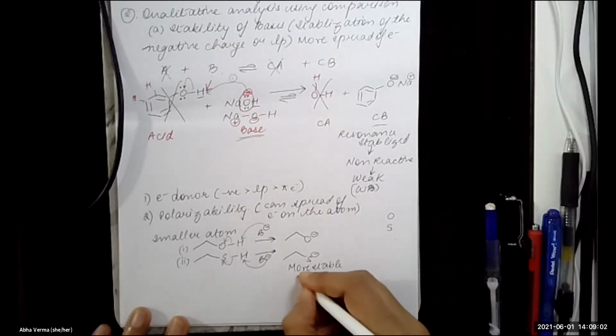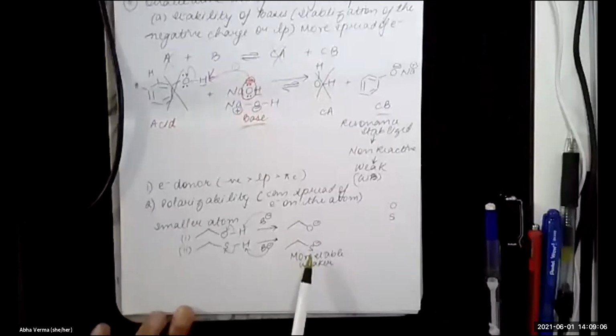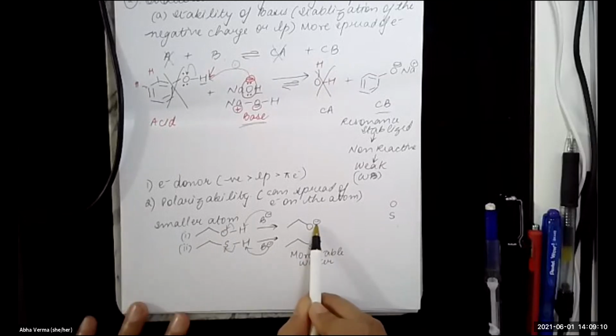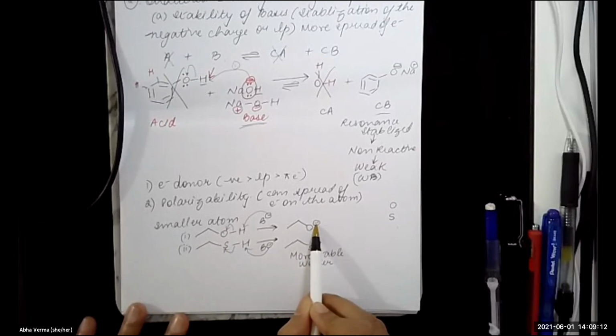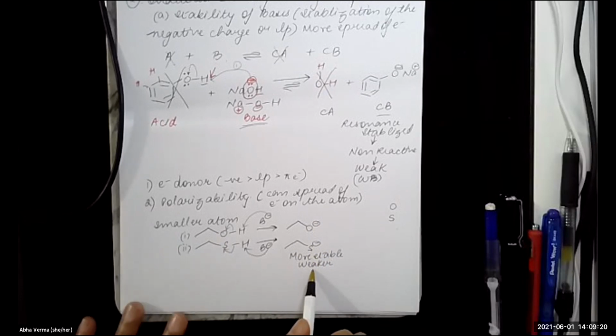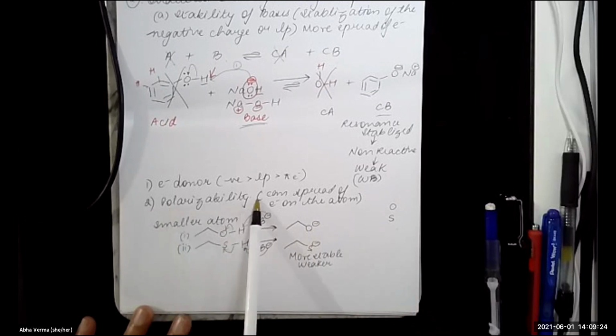More stable means weaker. And so among oxygen and sulfur, the O negative will be a stronger base, while S negative will be a weaker base. Do you see what comparison I did with the atom size?